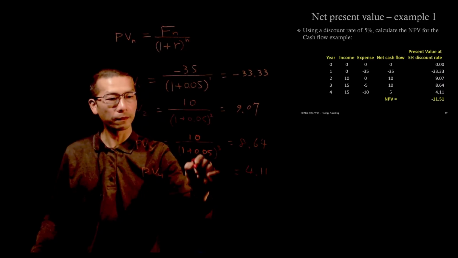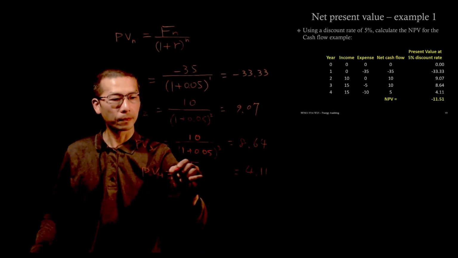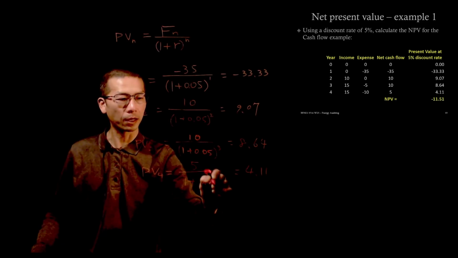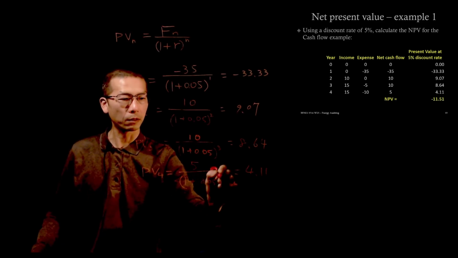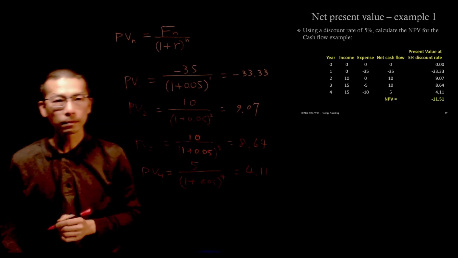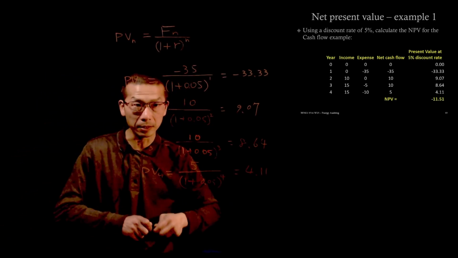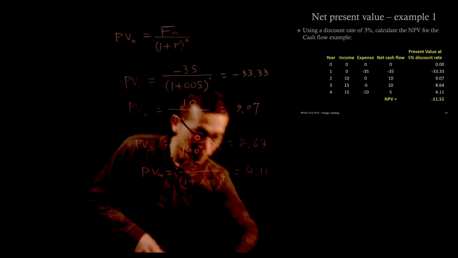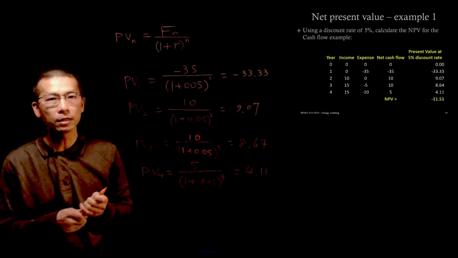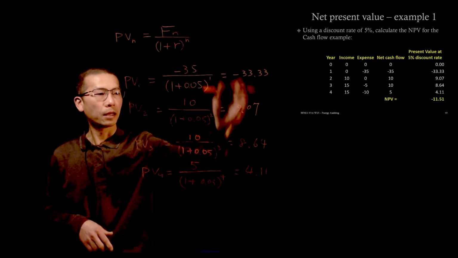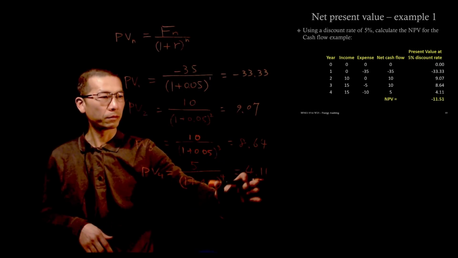It's 5 divided by (1 plus 0.05) to the power of 4. Okay, this color is not very good. But hopefully from the first two you can see the pattern, and the numbers here you can check.